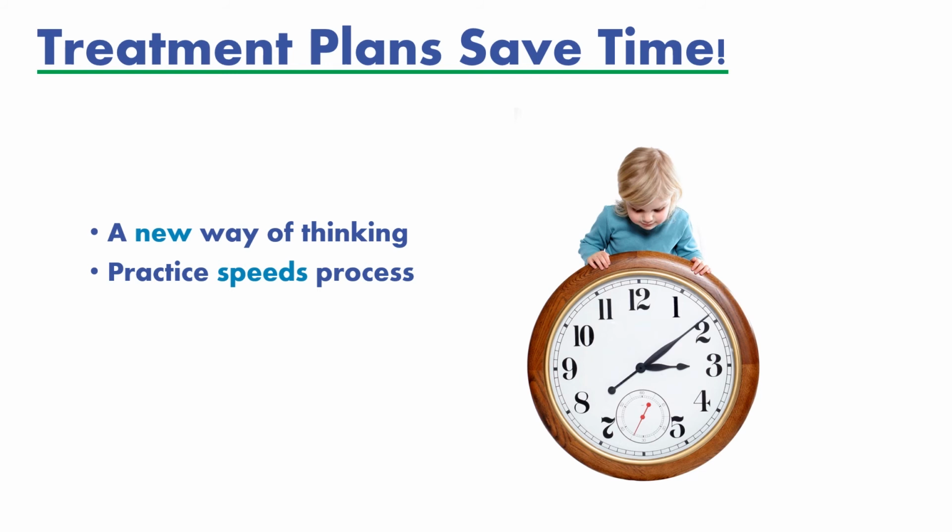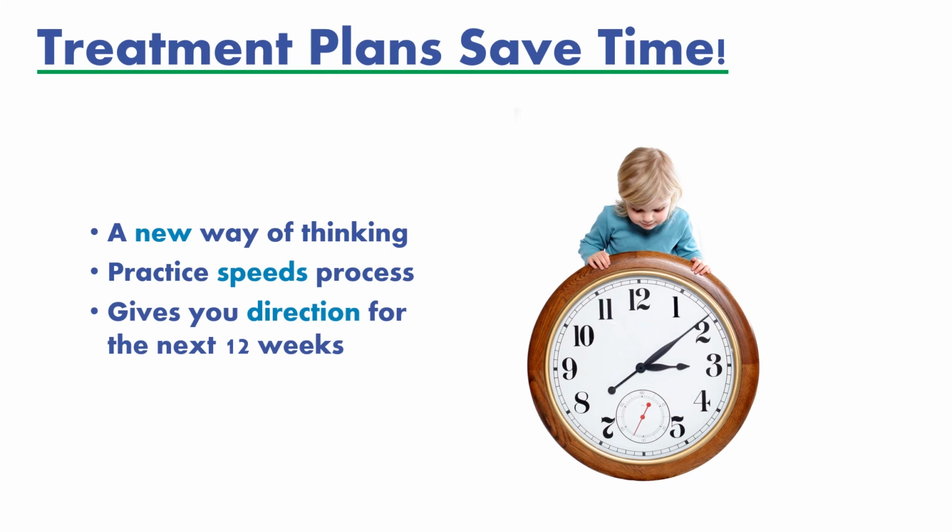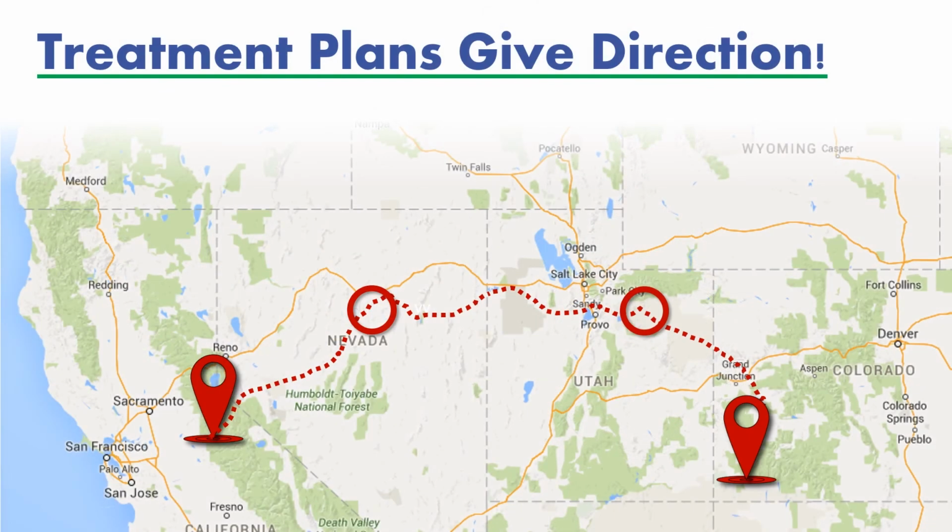And the reason that I think this is so worthwhile is that once you have laid these out, you don't have to do a single other thing for a treatment plan or an objective for the next 12 weeks. You know where you're going, you know where you want to end up, and you know how you're going to measure it. So in the end, taking this much time in the beginning gets you farther and it saves you time. I encourage you to practice it and not get discouraged quickly.